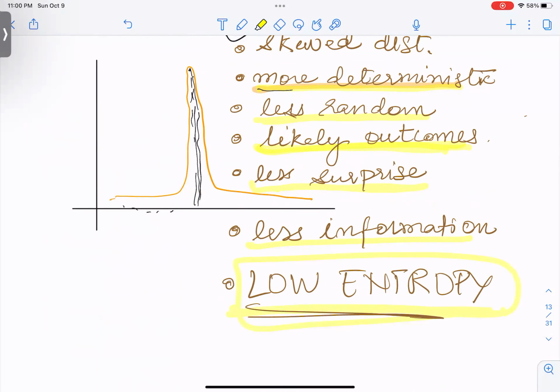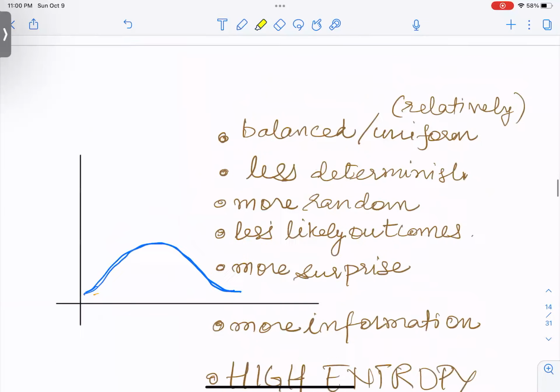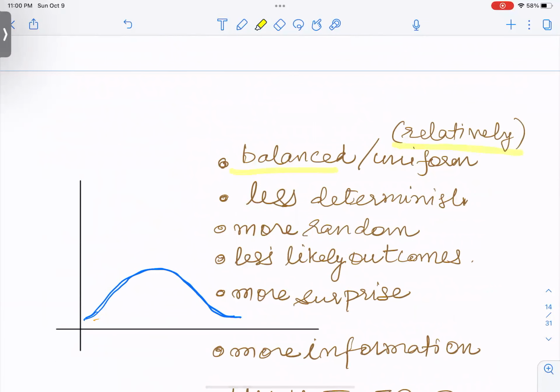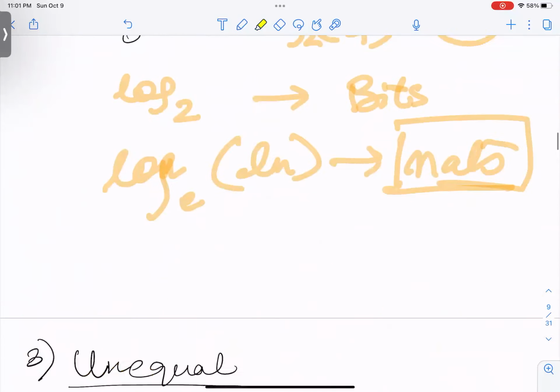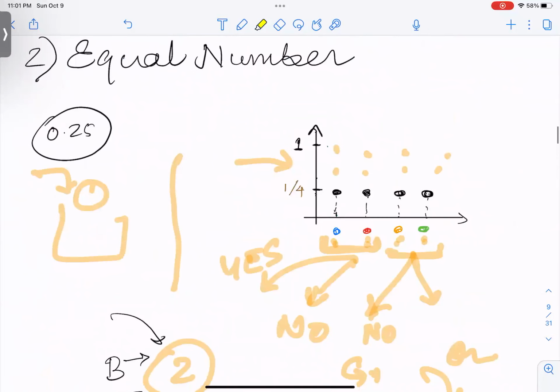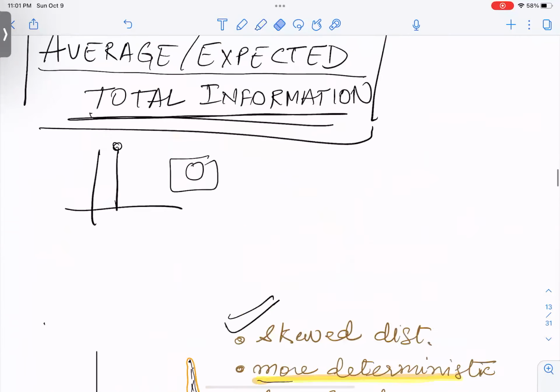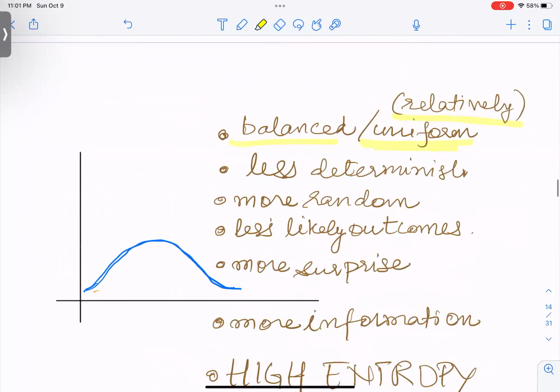As simple as that. Similarly, if we have a relatively balanced or uniform distribution, like we had in case 2, this is a very balanced distribution, equal, right? All the events are equally likely. So if the distribution is balanced or uniform, we have less deterministic behavior, more randomness, and the outcomes are each less likely.